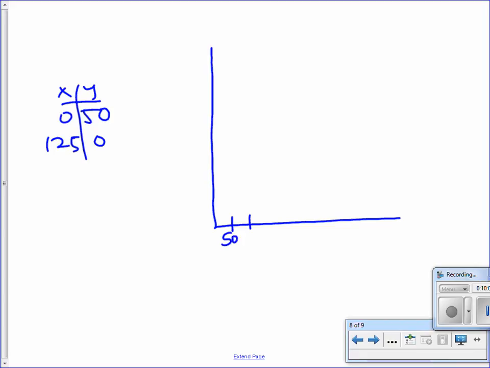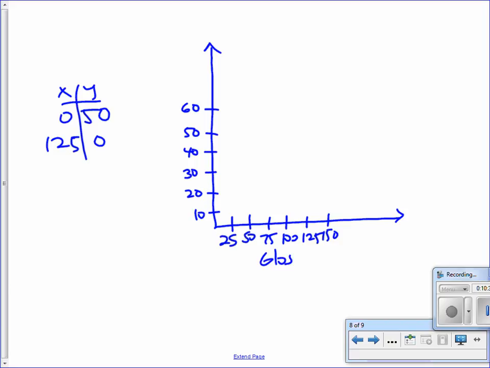Going to go, oh, no, error. 75, 150, and then you might see different intervals here, where this is the number of glow sticks, and this is the t-shirts.